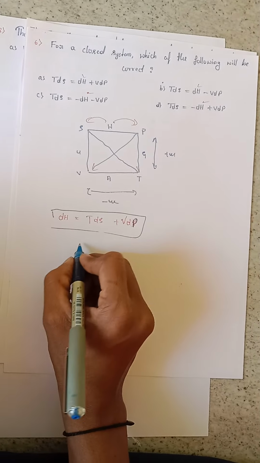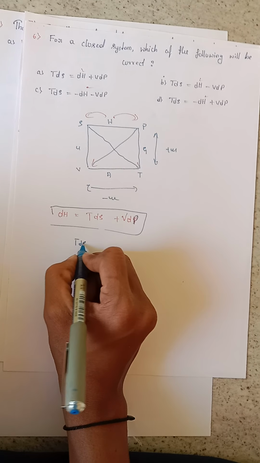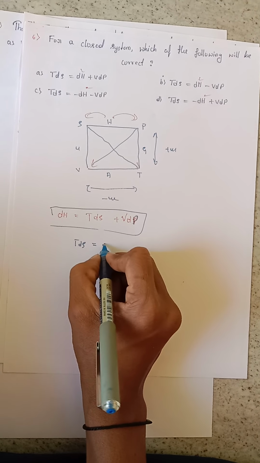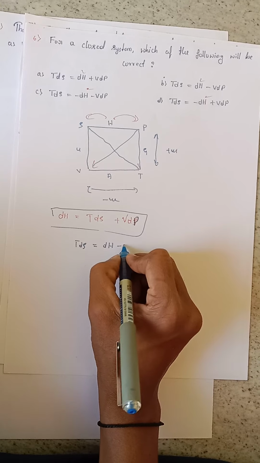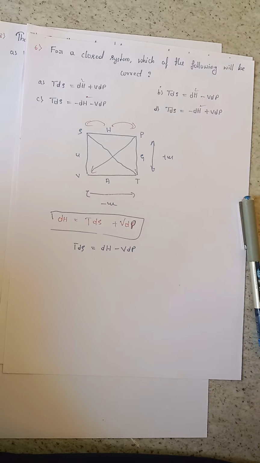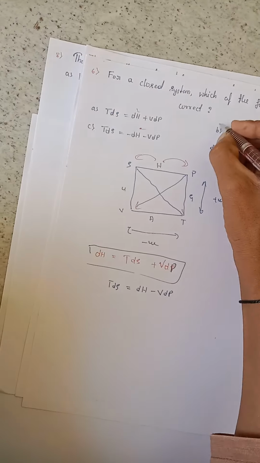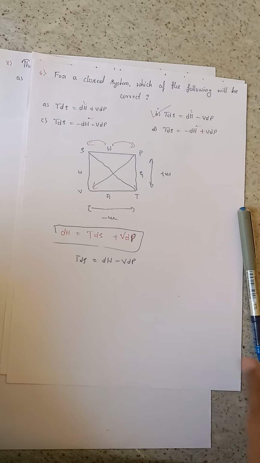Now here TdS is equal to dH minus VdP is the correct answer. Yes, it is the correct answer.